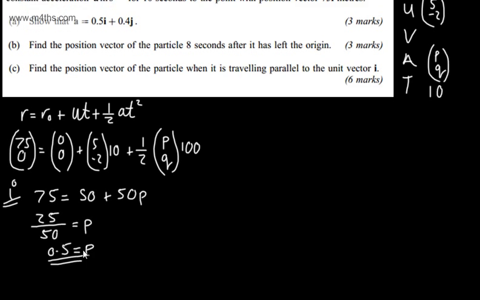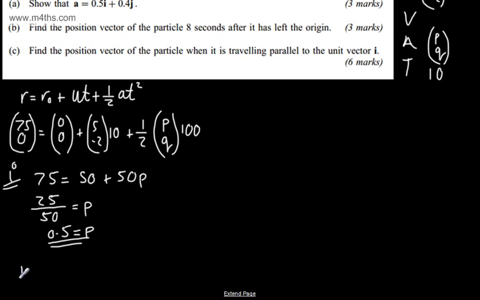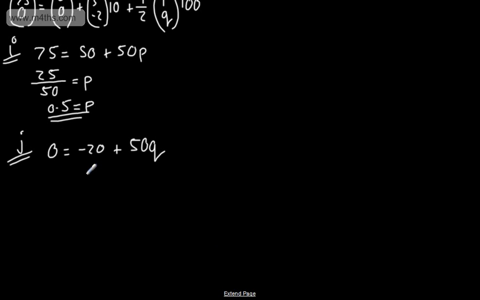If we now consider the j components, we've got the following. 0 is going to be equal to 0 minus 20, and then we're going to have plus 50q. So from here, if I just add the 20 to both sides, 20 divided by 50 is going to be equal to q.